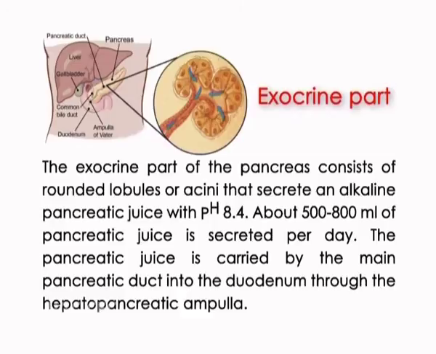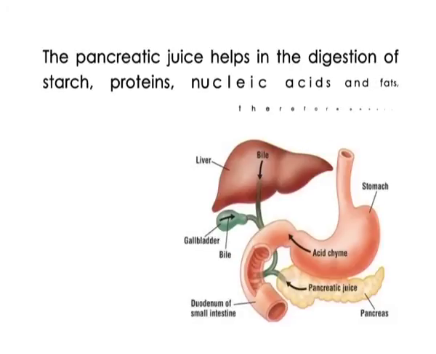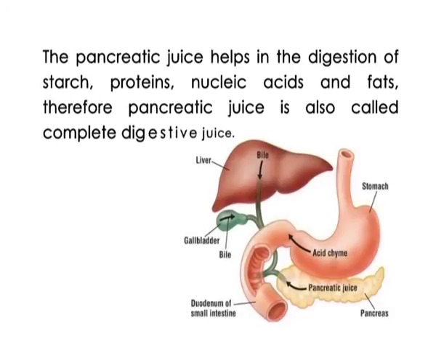The pancreatic juice is carried by the main pancreatic duct into the duodenum through the hepatopancreatic ampulla. The pancreatic juice helps in the digestion of starch, proteins, nucleic acids, and fats. Therefore, pancreatic juice is also called complete digestive juice.